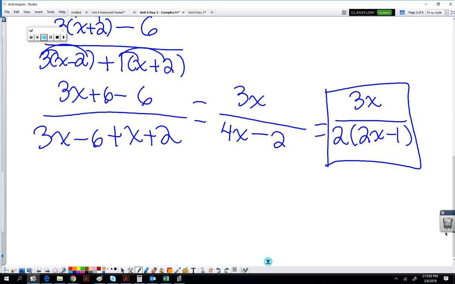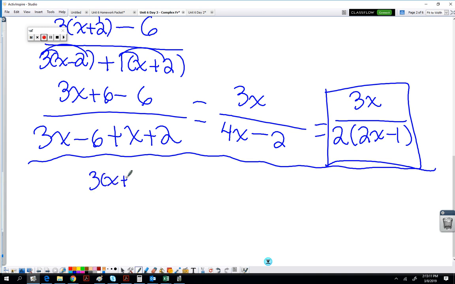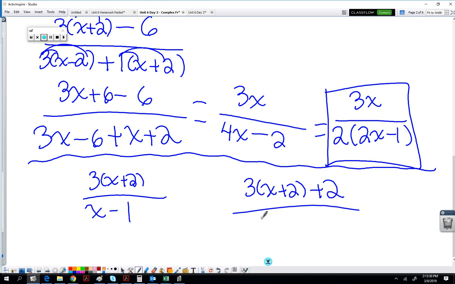Okay? And just one more little point. Alright, hypothetically, if you ever get something and it's like 3x, okay? Let's say you get it down and it looks like this. You do not need to distribute anything. You can just keep it like that, okay? But if you have something like, let's say when you do it, you end up like this on the top.